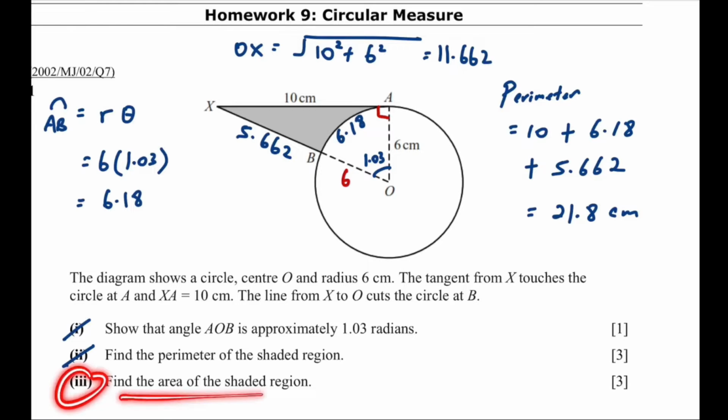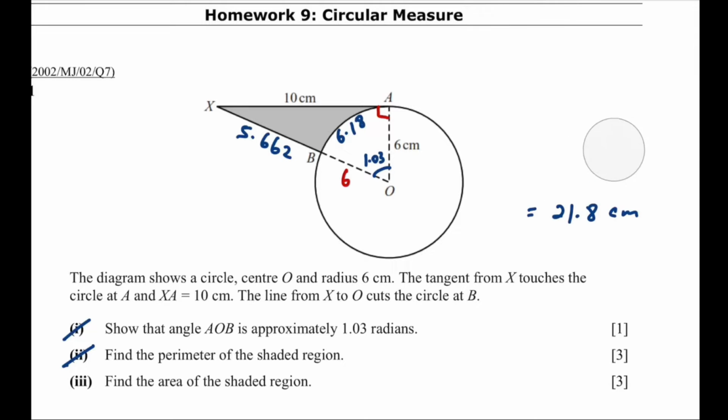The last one, find the area of the shaded region. Okay, in order to find the area of the shaded region, I will have the area of triangle minus the area of sector. That will be the shaded region, right? So area of triangle is, since this is a right angle, I can go for 1 over 2 multiplied by the height and the base, minus area of sector, 1/2 r squared theta.